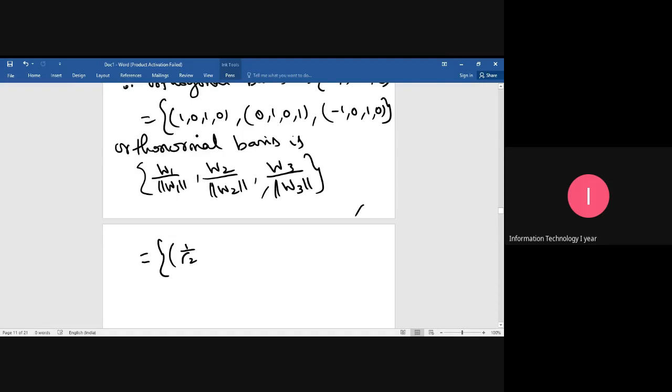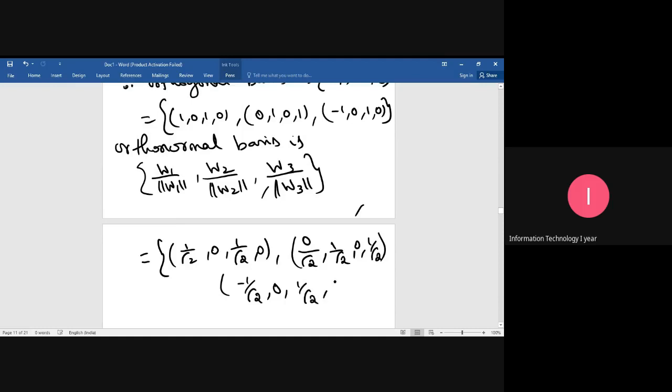The norm W1 square we calculated is 2, so norm W1 is root 2, comma 0, comma 1 by root 2, comma 0, first vector. Second vector is 0, 1 by root 2, 0, 1 by root 2. Third one is minus 1 by root 2, 0, 1 by root 2, comma 0. Okay, so this is the orthonormal basis answer.